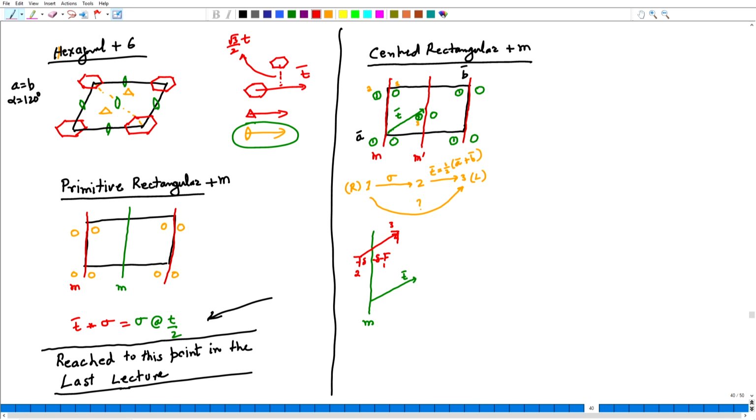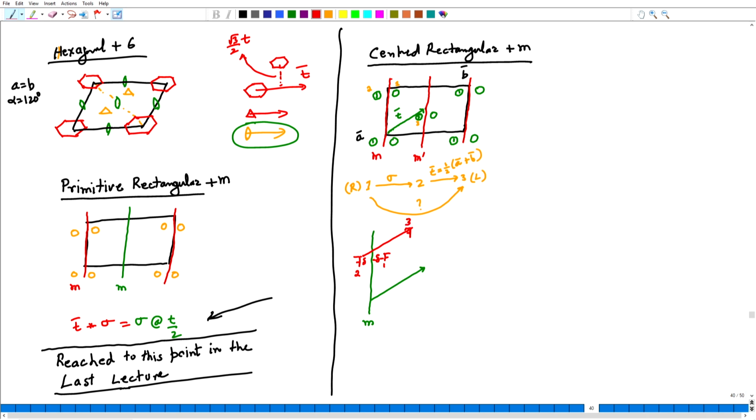So, the question again I am asking is, how do I go from 1 to 3 in this case? Let me just enlarge this drawing a bit, otherwise it will become very congested. So, this is motif number 3.